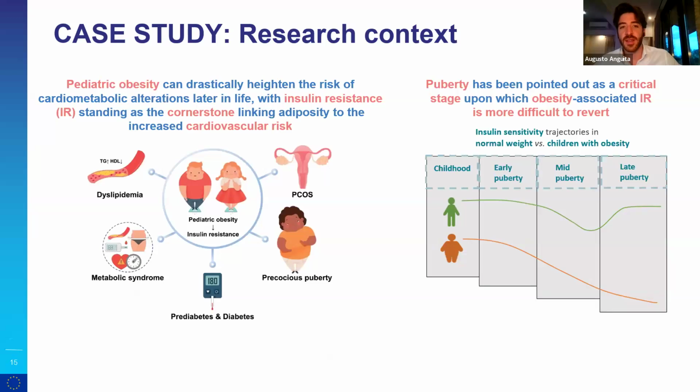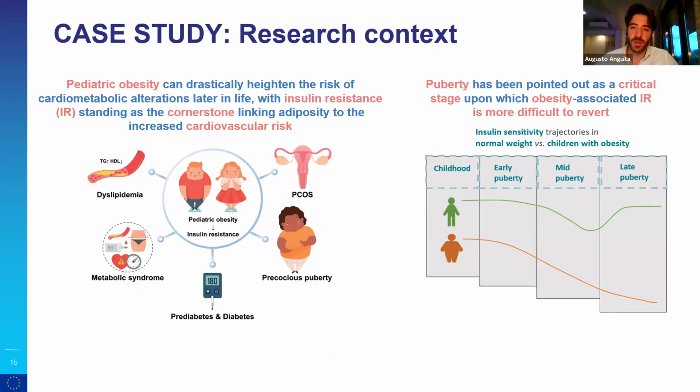Why insulin resistance? Well, as I said, this is like a cornerstone in the background of cardiovascular disease related to childhood obesity. It is like the connection between obesity and other metabolic comorbidities. So it's really important to monitor the children developing this alteration.